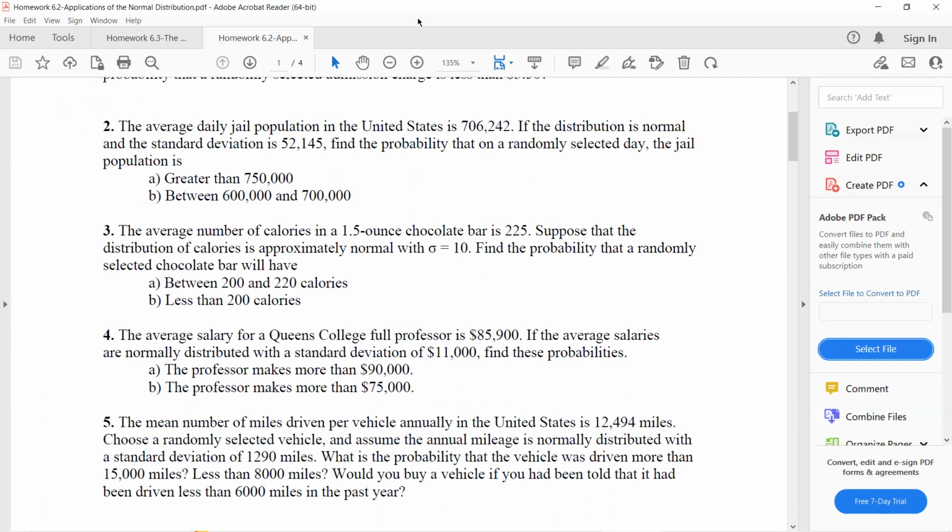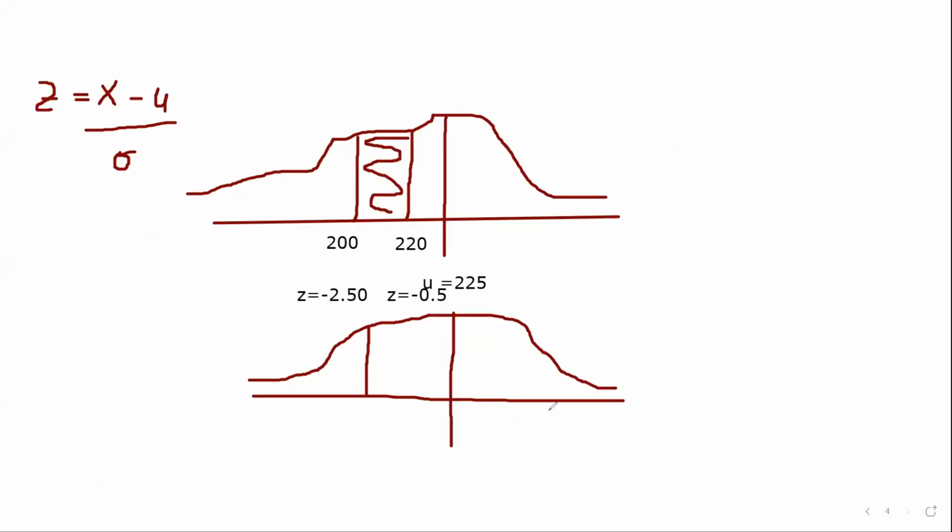So here's my z is equal to negative 2.50. And I'm looking at this area here.